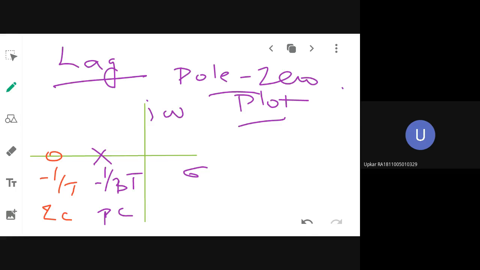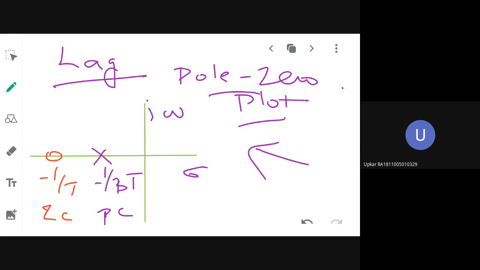The first thing you have to learn is how the pole zero plot of a lag compensator will look. This might come in your 4 mark question. Next is the transfer function of a lag compensator, which is also an important MCQ.